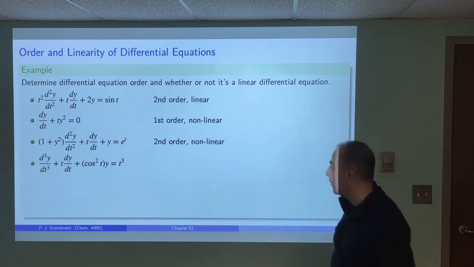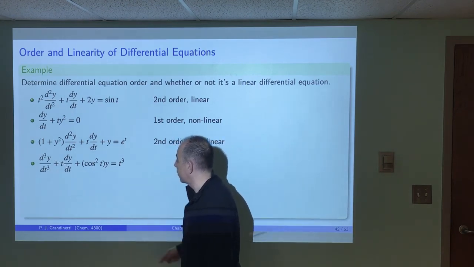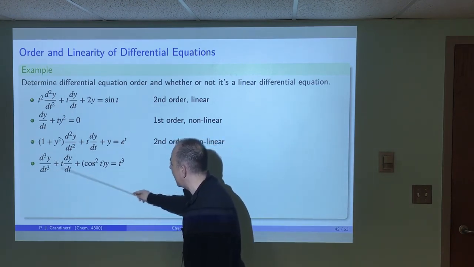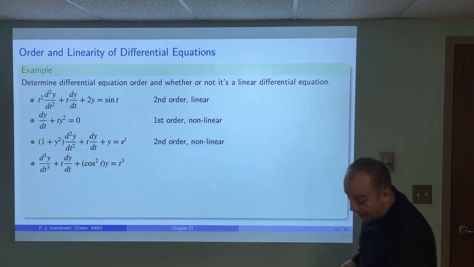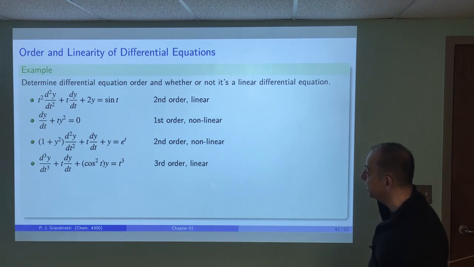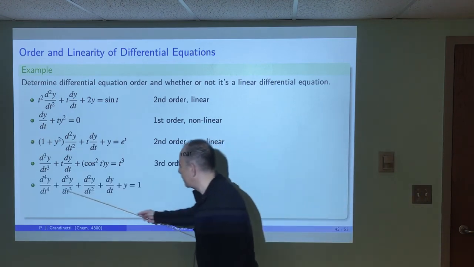Okay, couple more examples here. In this case, we have the highest order is the third derivative. It's linear in that, it's linear in the first derivative, and it's linear in y. So that's a third order and it's linear. And two more. Here's a very simple one.